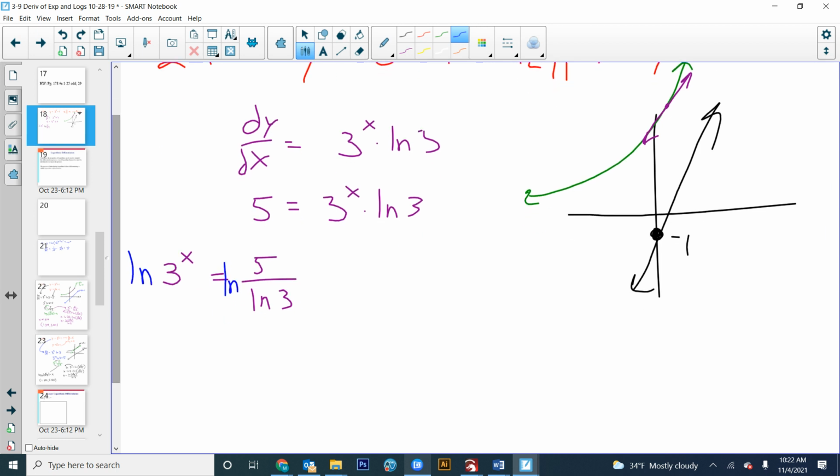You guys remember the properties of logs? If you have a log and there's an exponent, it can come down and multiply. Yes? And then divide.